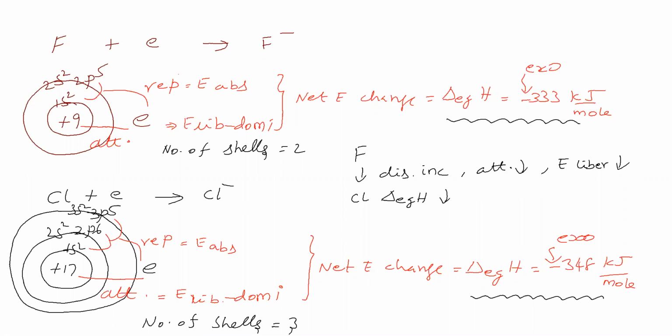Now we will go for another thing. We will take the chlorine atom, then we will take the bromine atom. For chlorine, the electronic configuration is neon 3s2 3p5.